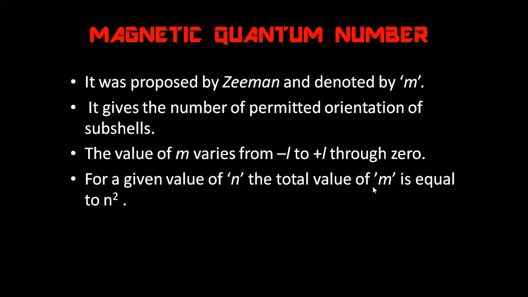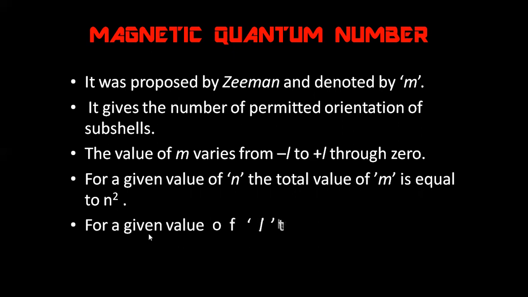Like if I ask you how many values of m there will be in the second shell, you can easily find it out, that is how many orbitals are present in that particular shell. You can just put n square, the value of n. So whatever value of n I give you, the total number of orbitals in that particular shell is given by n square.